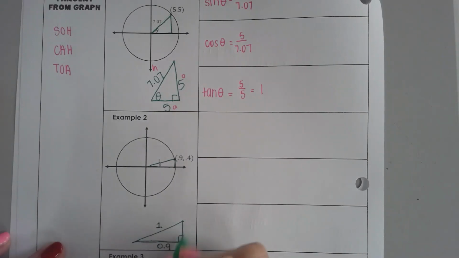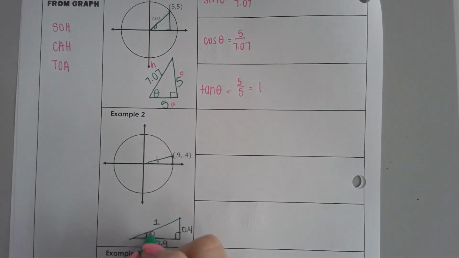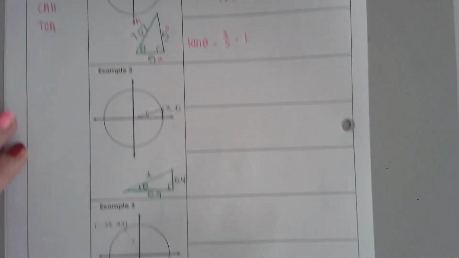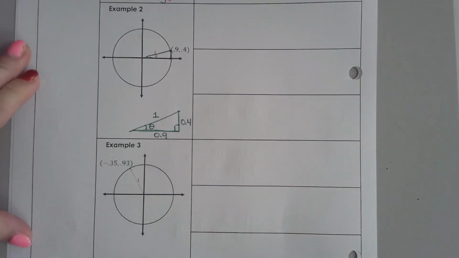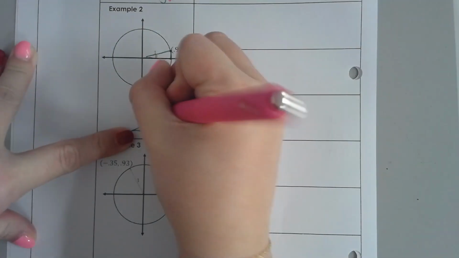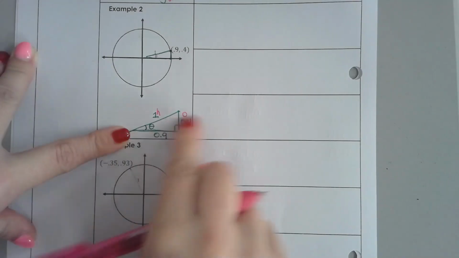And then the height? 0.4. Okay. And this is where my theta is, my angle. And so the 1 would be my H because it's across from the 90. The 0.4 would be my opposite because it's across from theta.